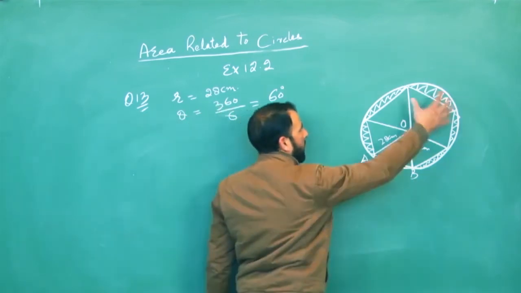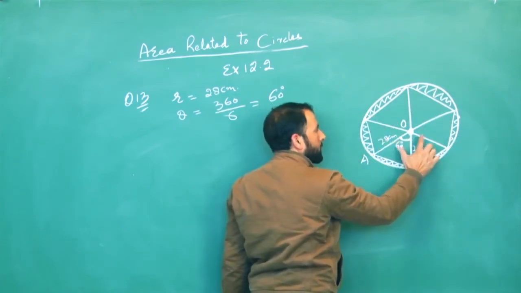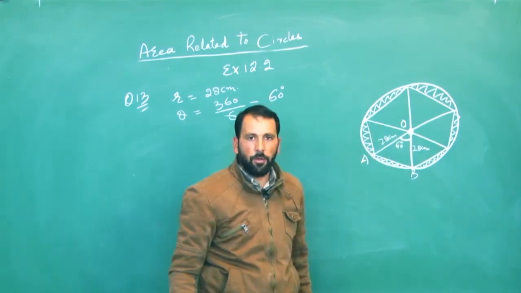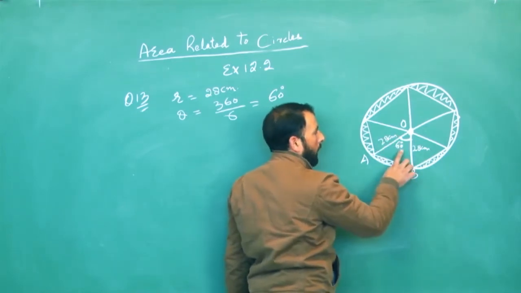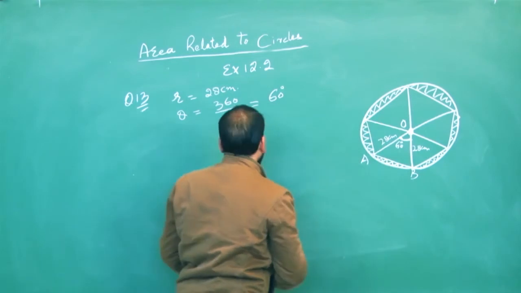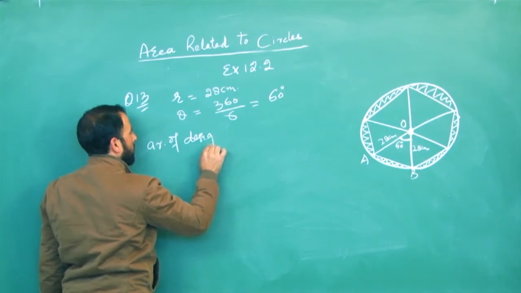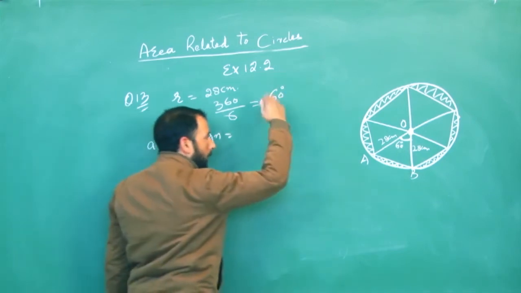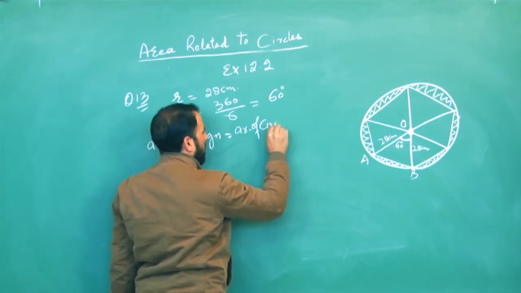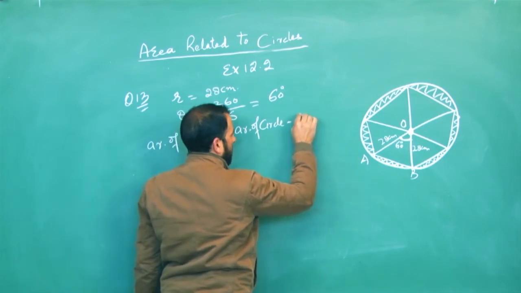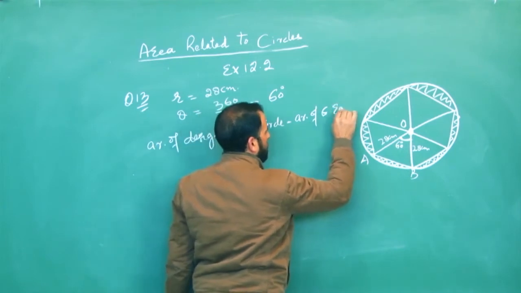The area of a design can be found by the area of the complete circle minus the area of 6 equilateral triangles. In this equilateral triangle we have the side given, we have the angle given. So the area of design is equal to the area of the circle minus the area of 6 equilateral triangles.